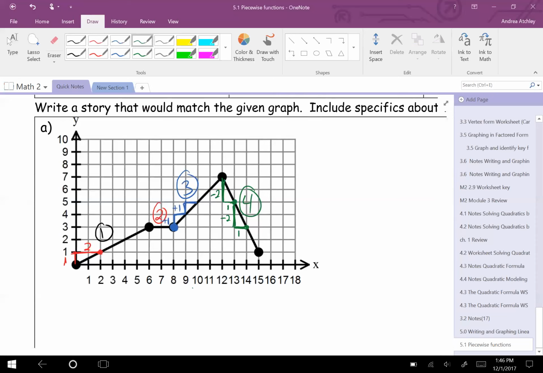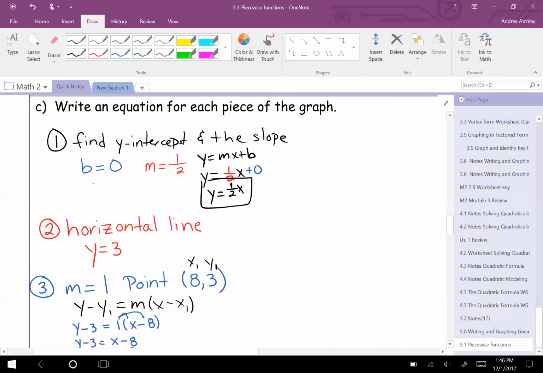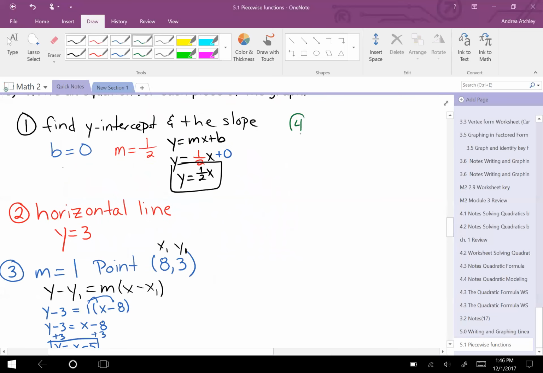No. So I'm just going to use that point that I have, which is (12, 7). So my slope was -2, I couldn't find the y-intercept, so my point was (12, 7). Is that right? Is that what I said?